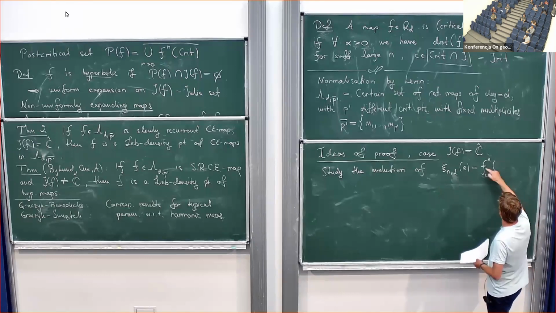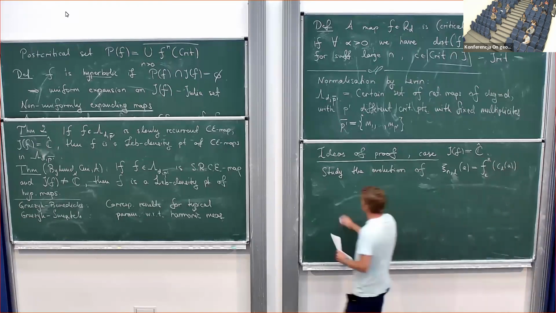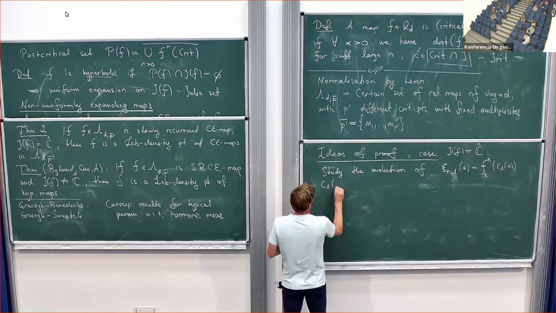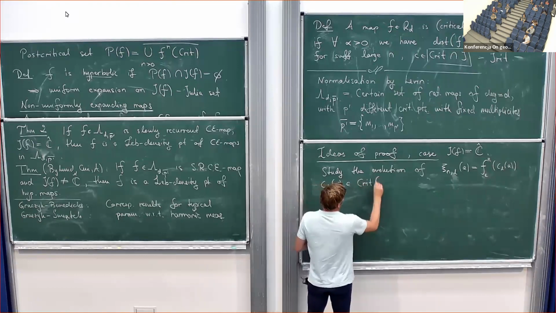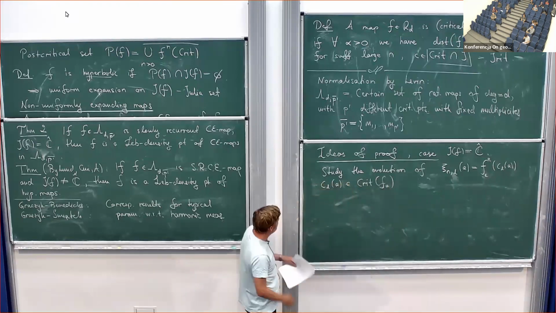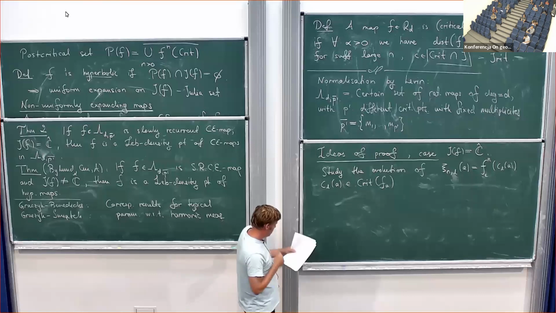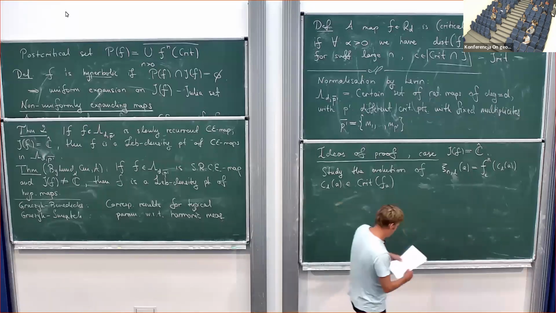This is f a to the n of c l of a, where c l are critical points for f a. You study the evolution of this.